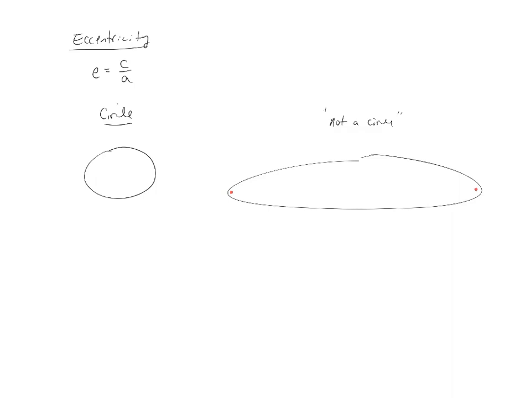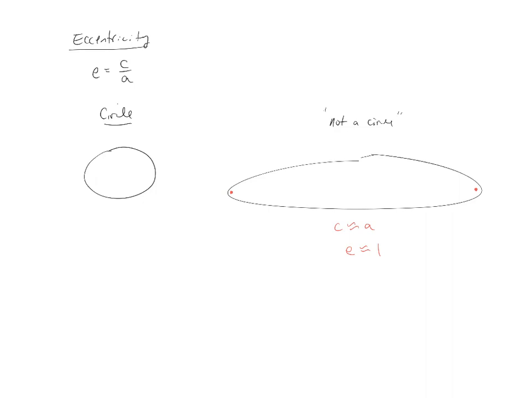The more elongated it is, the closer the foci are to the edge. Almost so that c, which is the distance from the center to the foci, is approximately equal to a, which is the distance from the center to the outside. So if c is approximately equal to a, then our eccentricity is approximately 1. So for the more elongated or imperfect the ellipse is, the eccentricity is going to approach 1.